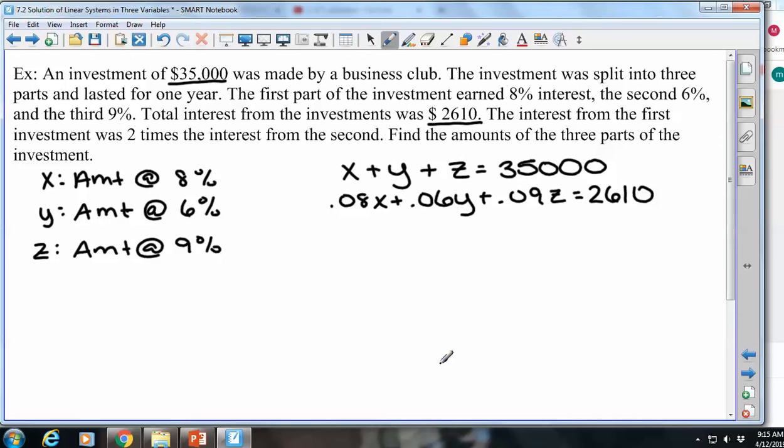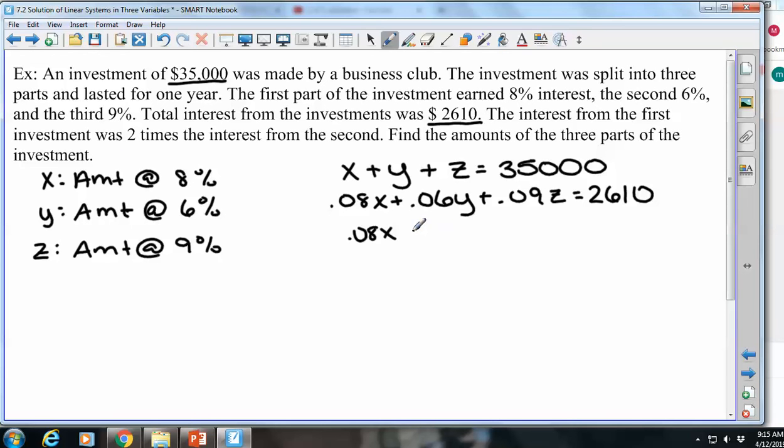Alright, I have 3 variables, that means I need 3 equations. The last thing I have is the interest from the first investment. So the interest from the first. X is my first. To get the interest, you had to take that times 0.08, right? That would be the amount of interest.